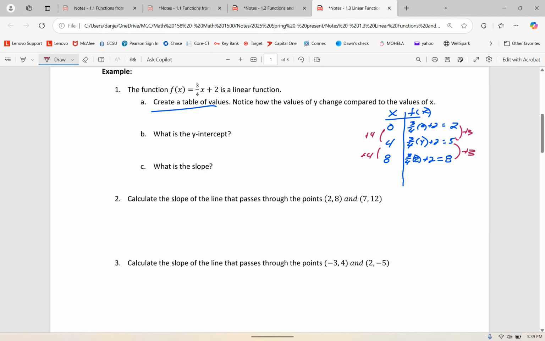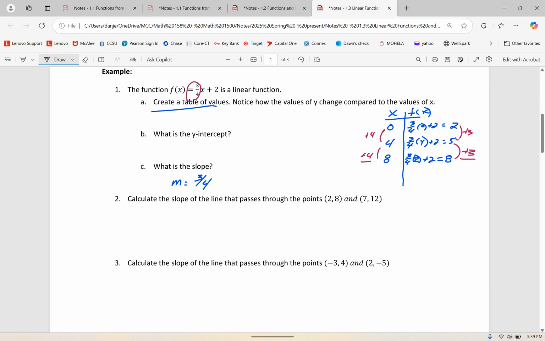The rate of change: y is increasing by 3 when x increases by 4. My rate of change, or my slope, is 3/4, or m equals 3/4.